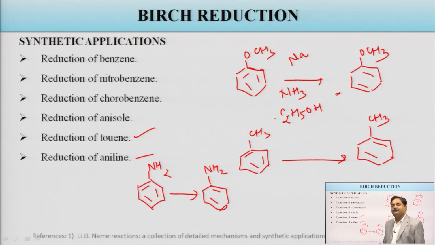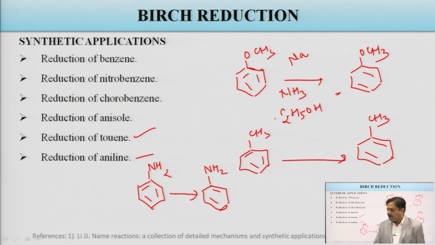So, in the presence of alkali metal, ammonia and alcohol, the aromatic ring will get reduced, and only one of its double bonds gets reduced. The main applications of this Birch reduction are reduction of benzene, nitrobenzene, chlorobenzene, anisole, toluene, and aniline.